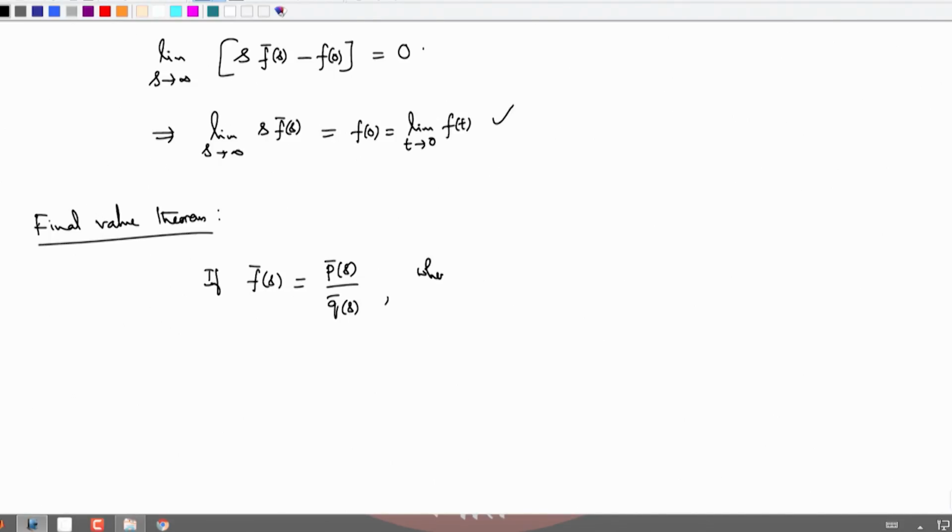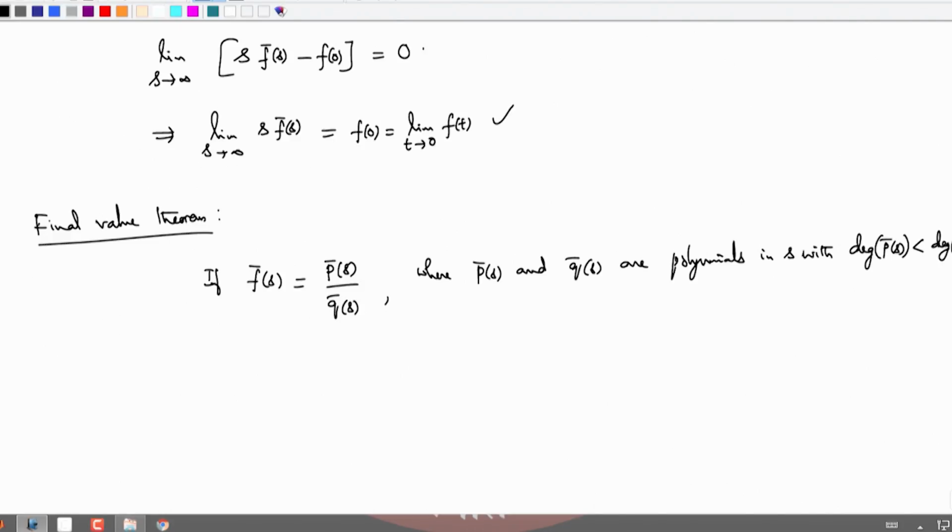in s, and obviously the degree of P bar of s is smaller than the degree of Q bar of s.